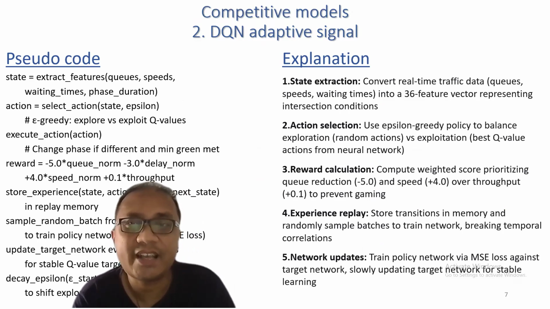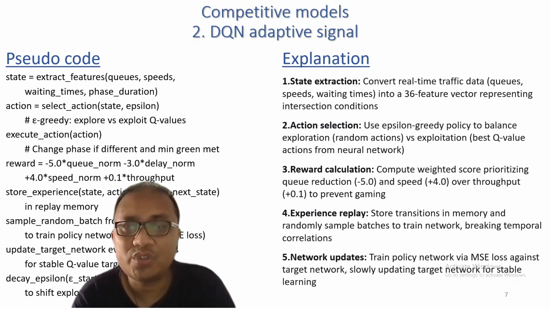One is state extraction, which converts the traffic data into queue, speed and waiting time, a 36-dimensional vector. Then the epsilon greedy policy is applied, exploiting Q values to select the action from the neural network, and the reward is calculated, with weights given for queue reduction, speed and throughput: for queue reduction -5, speed +4 and throughput +0.1 to prevent gaming.